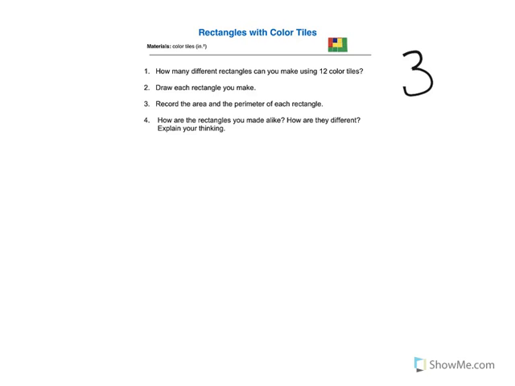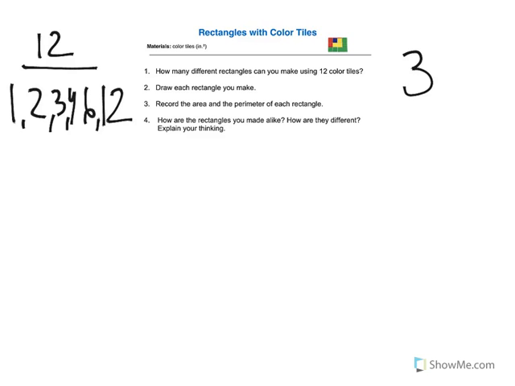So the first option, well, these options are based off of the factors of 12. So if we do the factors, we have 1 and 12, 2 and 6, and 3 and 4.